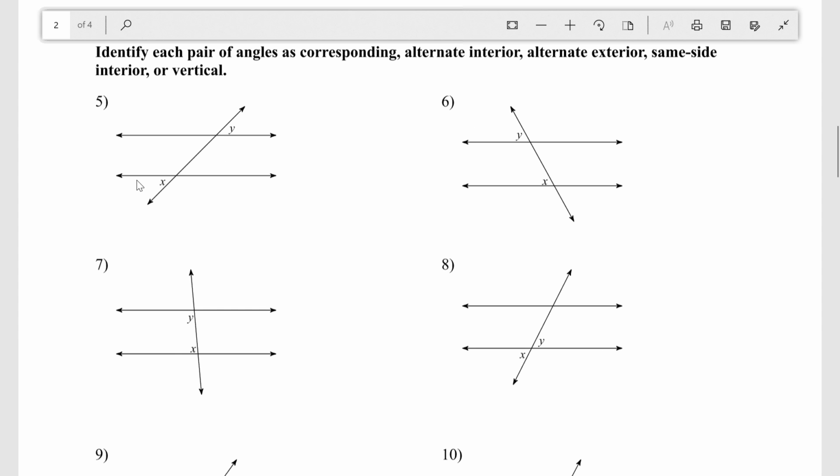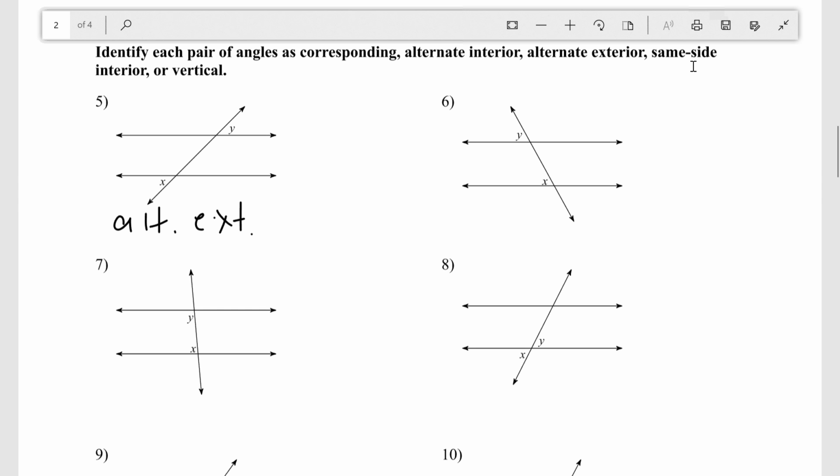So number 5, my x and my y are outside of my parallel lines and on opposite sides of my transversal. So these would be alternating exteriors. Number 6, I'm seeing that my x and y, there is one inside, one outside. They're on the same side of my transversal.